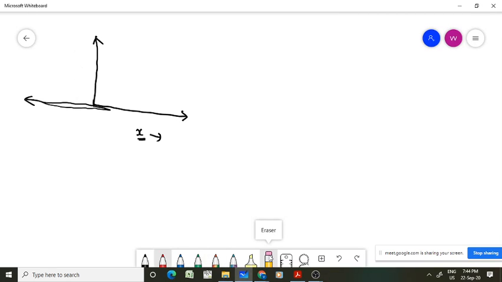So this is f of x, which is non-linear in terms of the variable x. Non-linear means, let's assume a function f of x equal to x square plus 5.